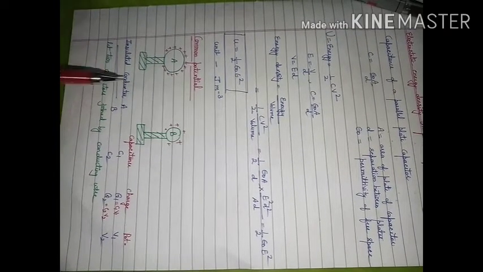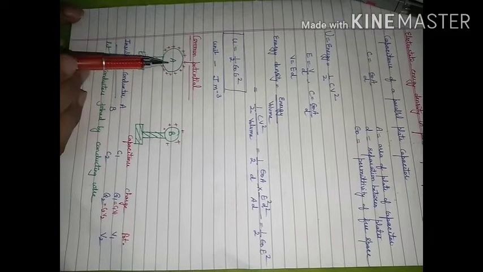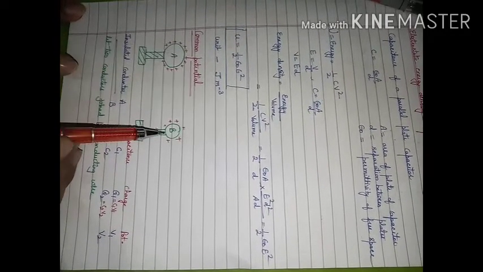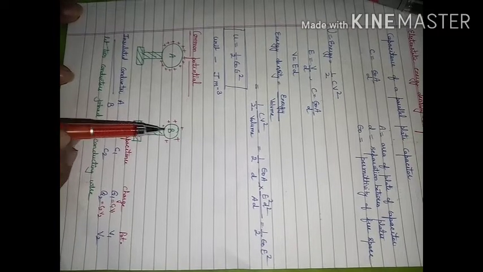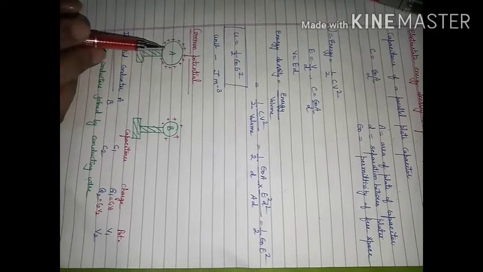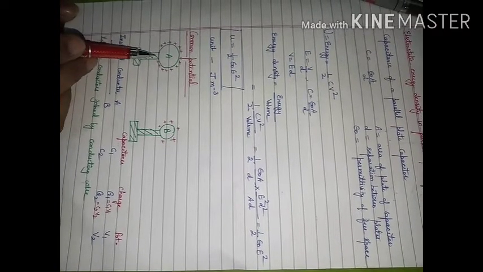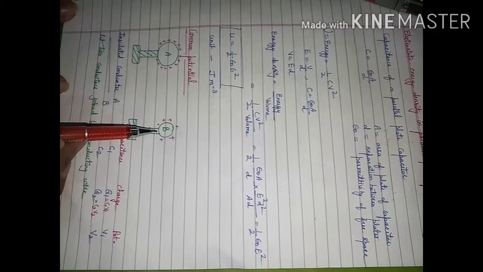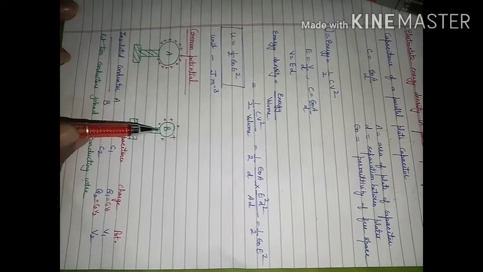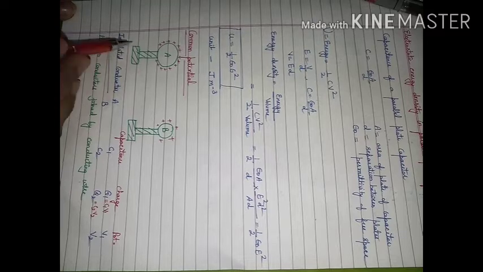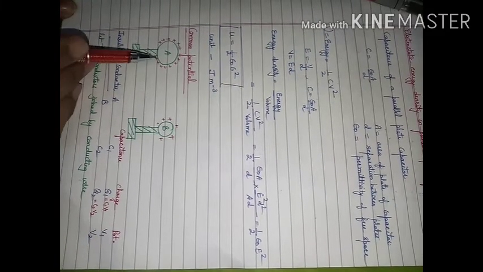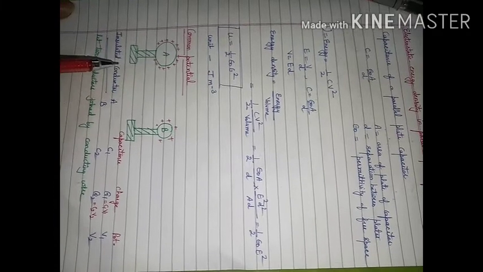Next we will discuss common potential. This is one insulated conductor, that is charged, A, and this is another insulated conductor B. This is also having some charge on it. This is a capacitor, we can say C1. This is capacitor C2. Charge present on this is Q1, charge present on this is Q2. Potential of this is V1 and potential of this is V2 when they are away from each other.